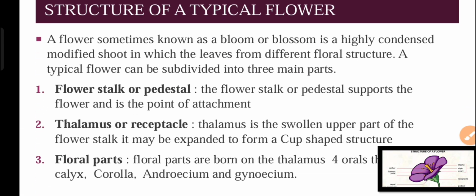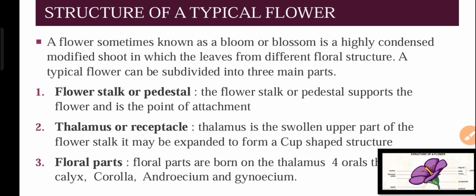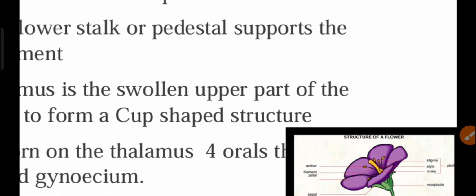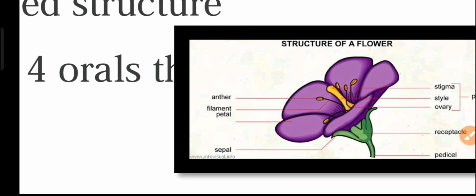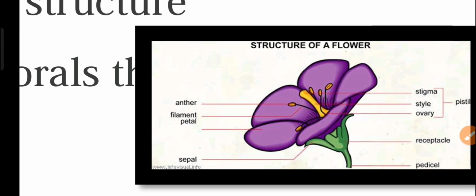And then coming to the structure of a typical flower. How does it look like and how is a flower divided? A flower is also known as a bloom or blossom.